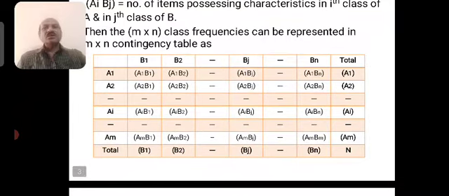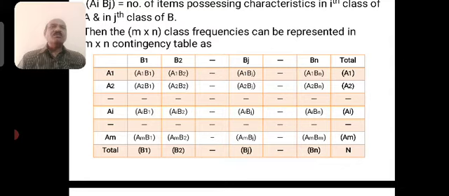So we have taken in the columns B1, B2, Bj and Bn, n columns, and m rows, A1, A2, Ai and Am. The common occurrences will be given as A1B1, A1B2 and so on, A1Bj and so on. This total will be written as capital A1 bracketed.